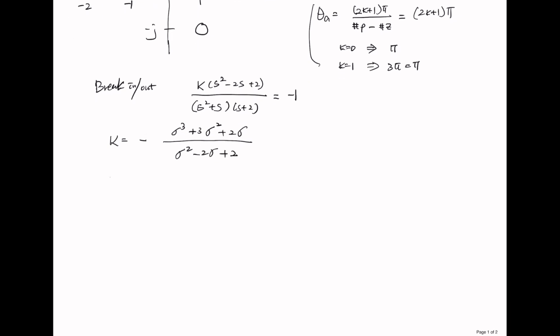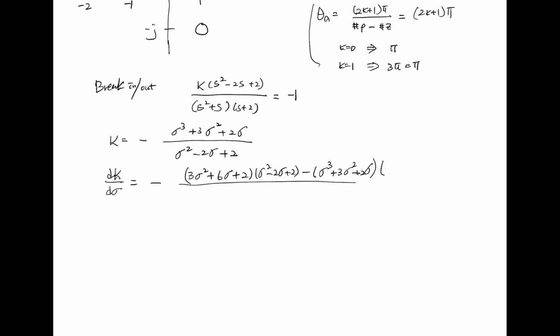Now we take dk over d sigma, which is the negative of the derivative of the numerator, 3 sigma squared plus 6 sigma plus 2, times the denominator, minus the numerator, 3 sigma squared plus 2 sigma, times the derivative of the denominator, 2 sigma minus 2, everything over the denominator squared.